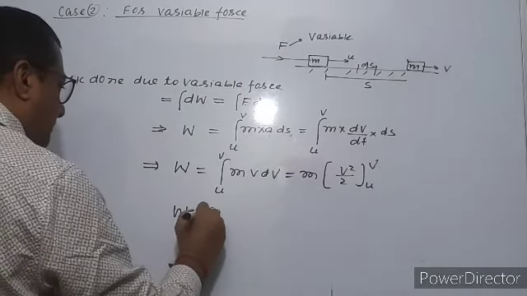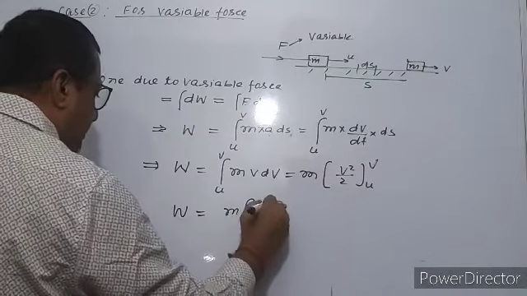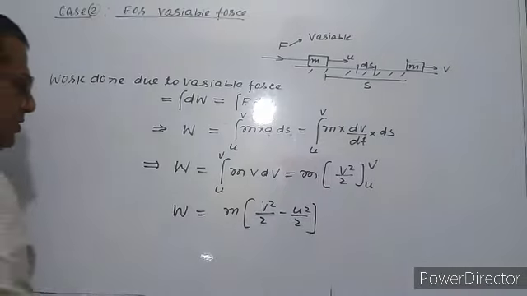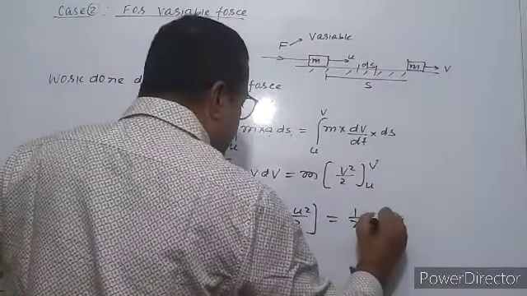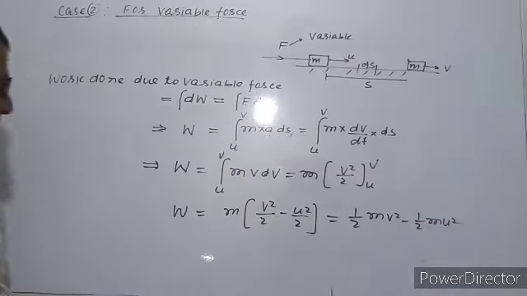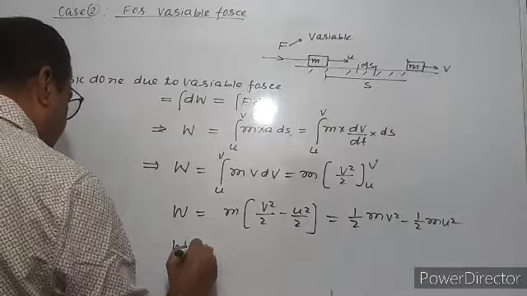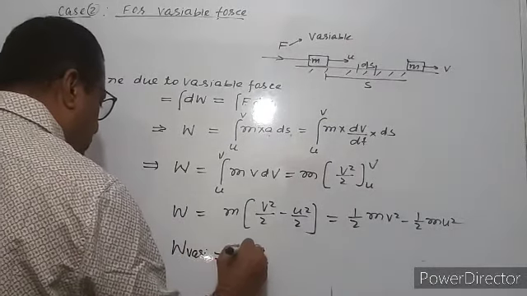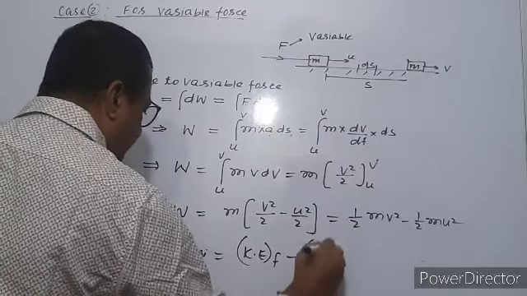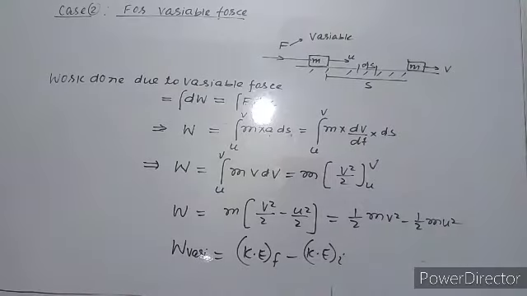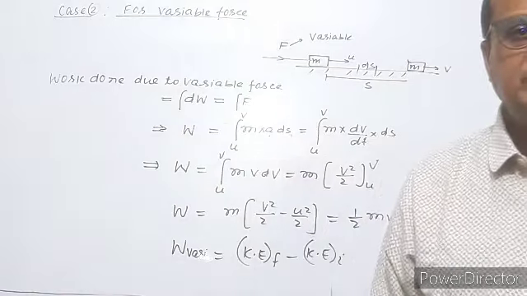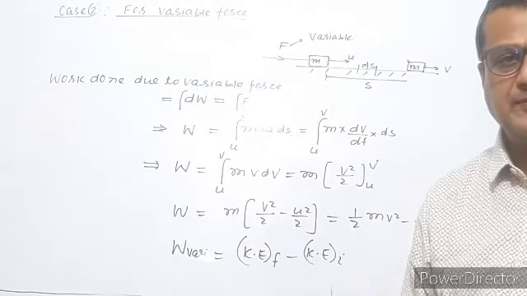So work done is equal to m times v square by 2 minus u square by 2, which is half mv square minus half mu square. So the work done due to variable force is equal to kinetic energy final minus kinetic energy initial. So this theorem is valid for constant force as well as variable force.